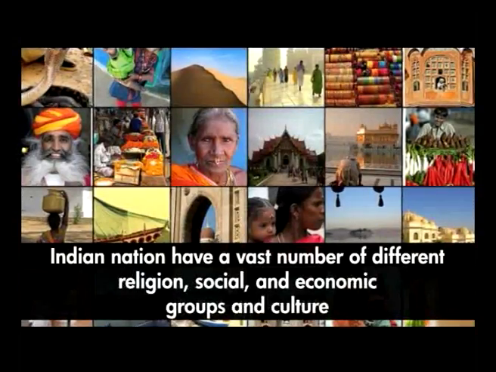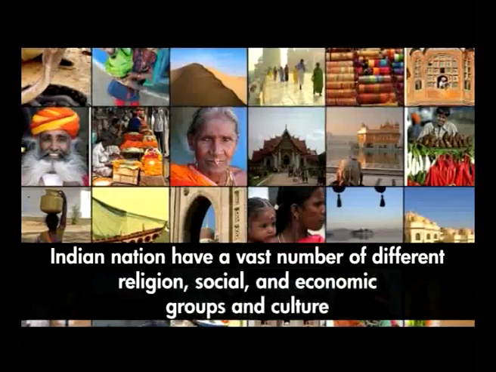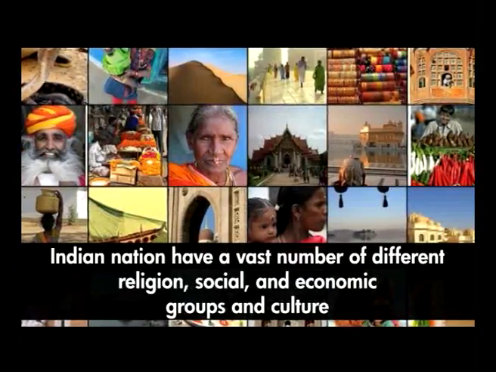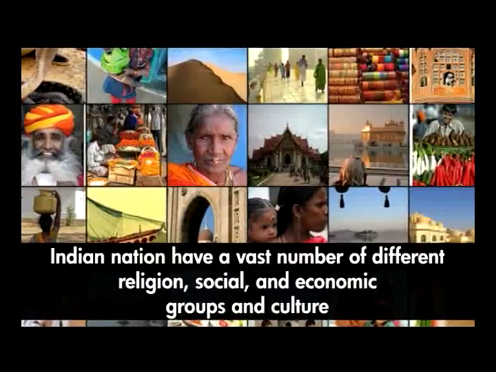The ethnic and linguistic diversity of Indian civilization is more like the diversity of an area as variable as Europe than like that of any single nation state. Living within the embrace of the Indian nation are vast numbers of different religious, social, and economic groups, each with different cultural practices.